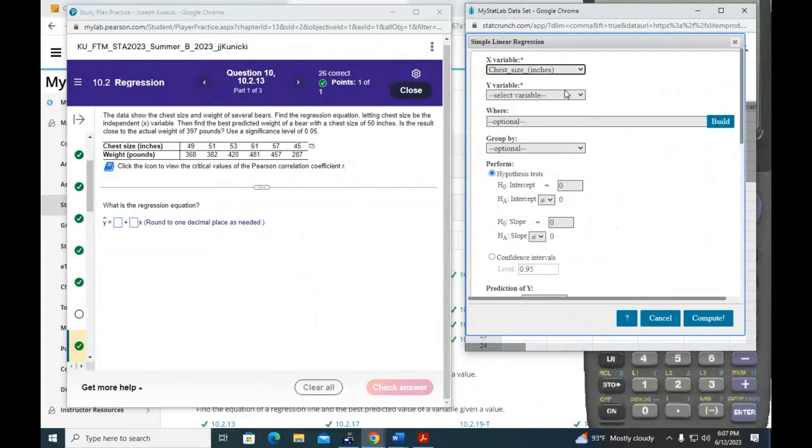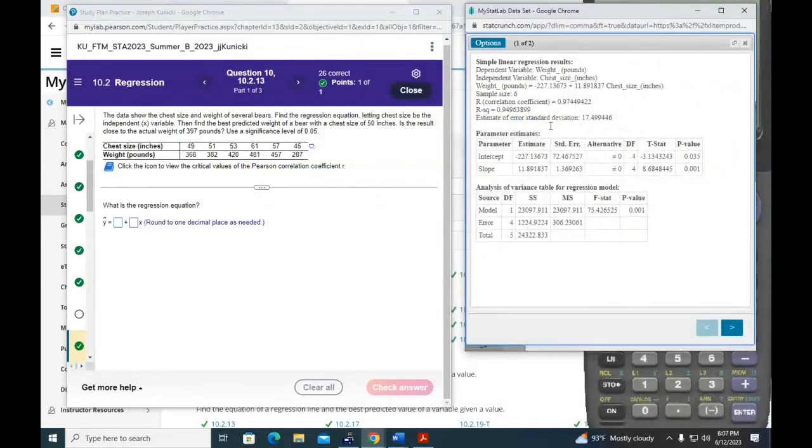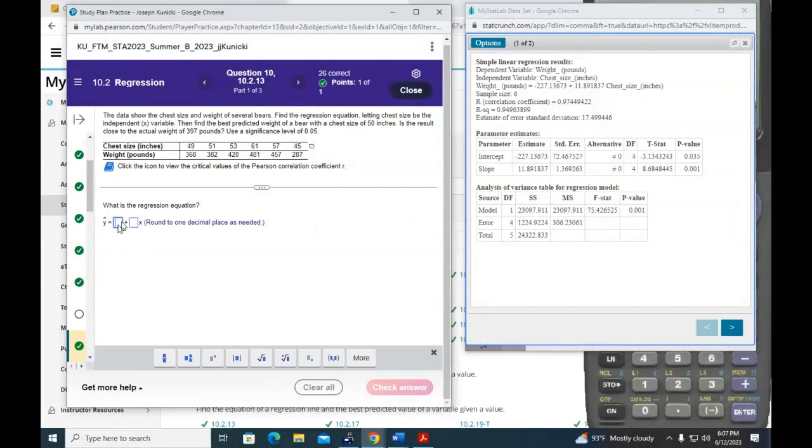All right, so the chest size is the predictor, and the predicted is the weight, and the regression equation is negative 227.1 plus 11.9. There's one decimal place.